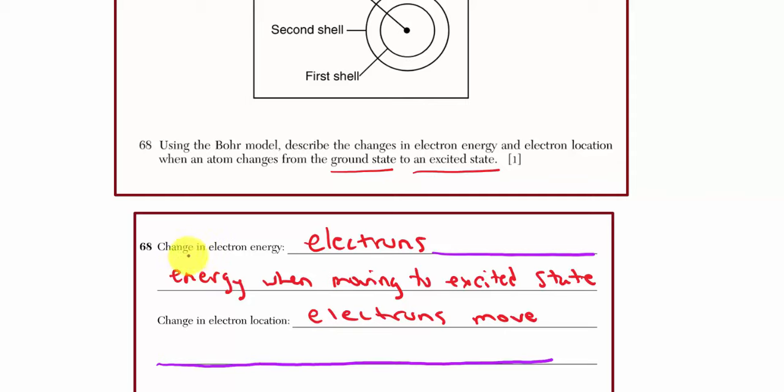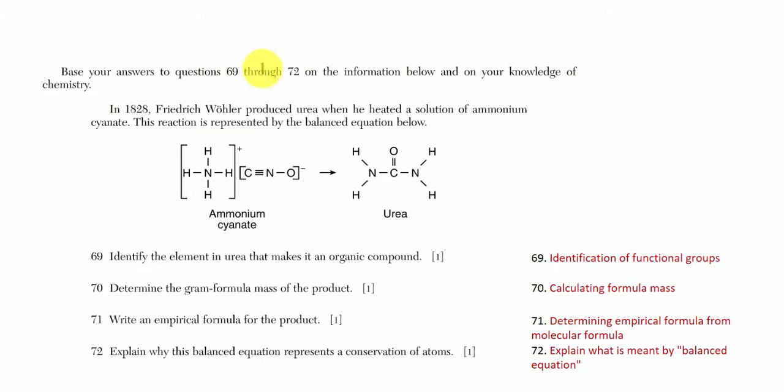So in terms of energy, the change in electron energy, we can say that electrons gain energy when moving to an excited state. In terms of their location, when they gain that energy, they actually move further away from the nucleus. They move to a higher energy level. So electrons move, we could say, further from the nucleus. Or we could say to a higher energy level.